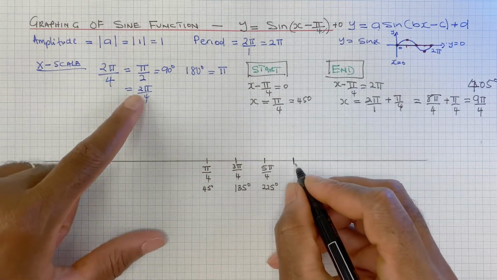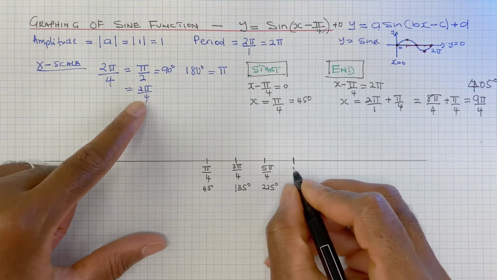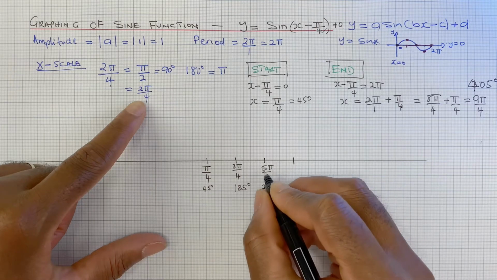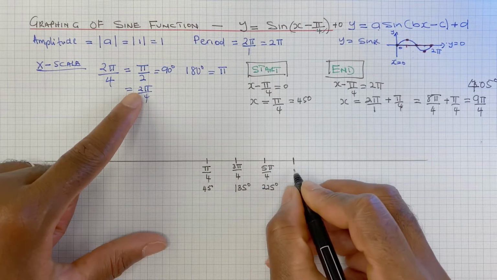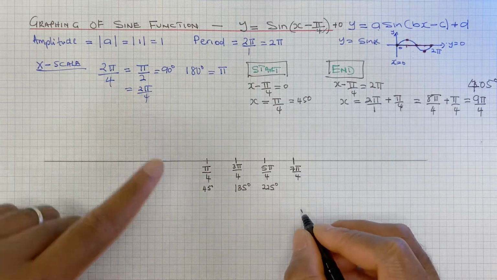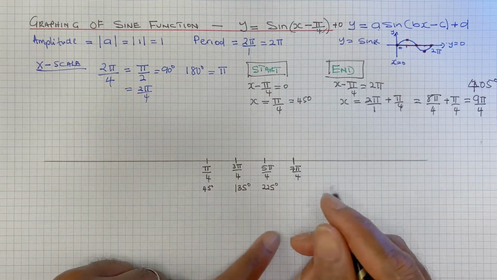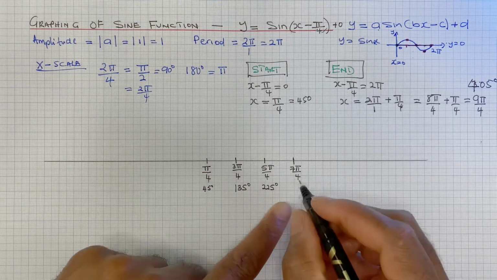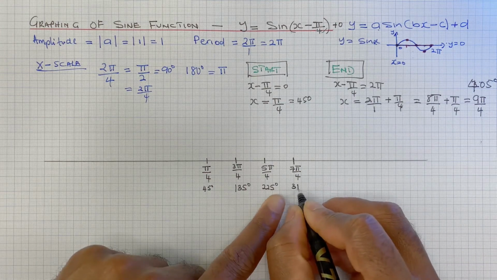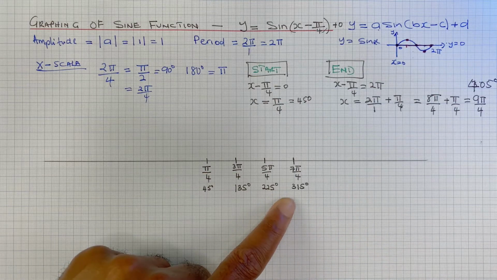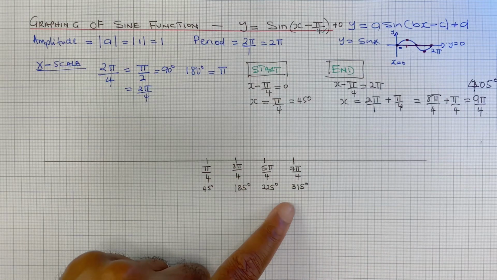Again, I'm adding 2 pi over 4, so 2 plus 5 is 7, so that'll be 7 pi over 4. If you think about it, 7 pi over 4 is basically 315 degrees, because I've multiplied 45 by 7, so I get 315 degrees.